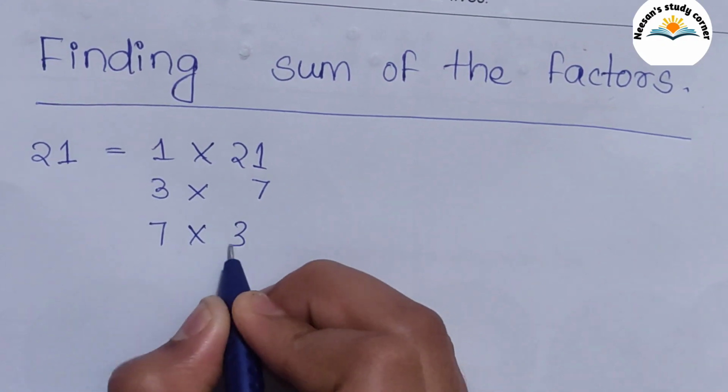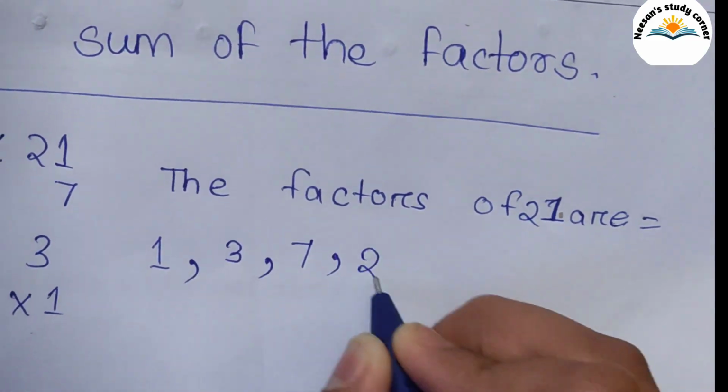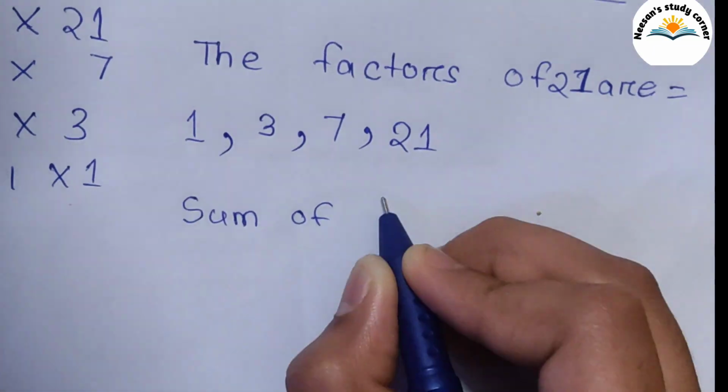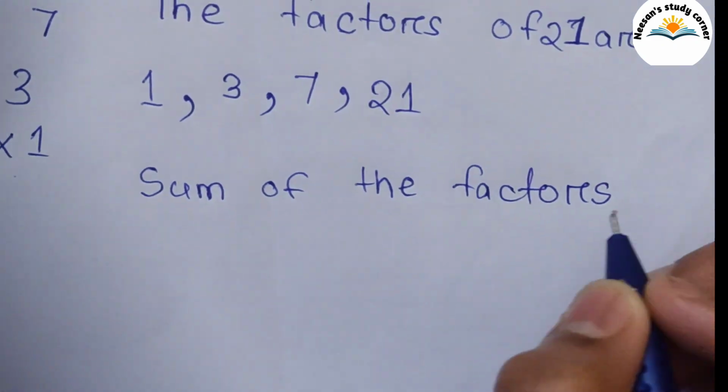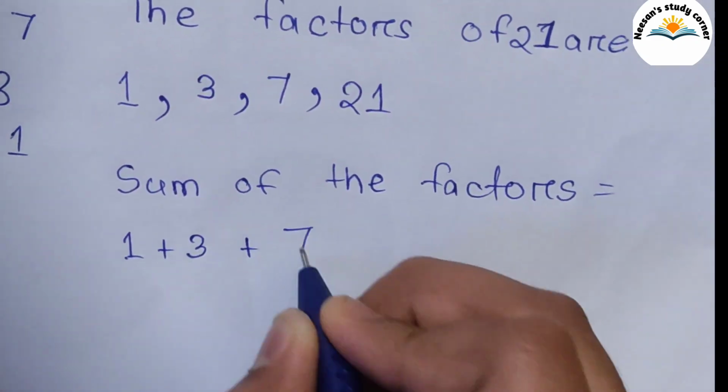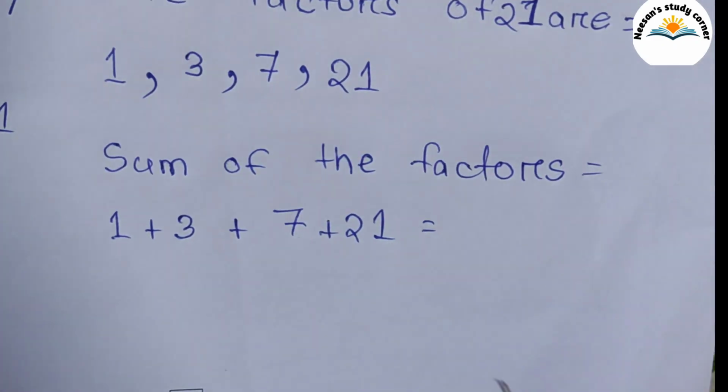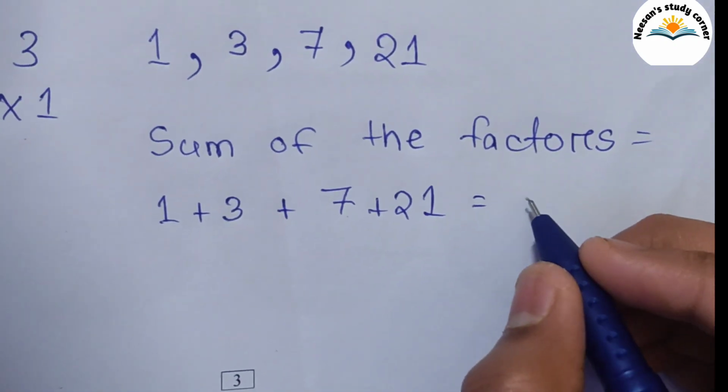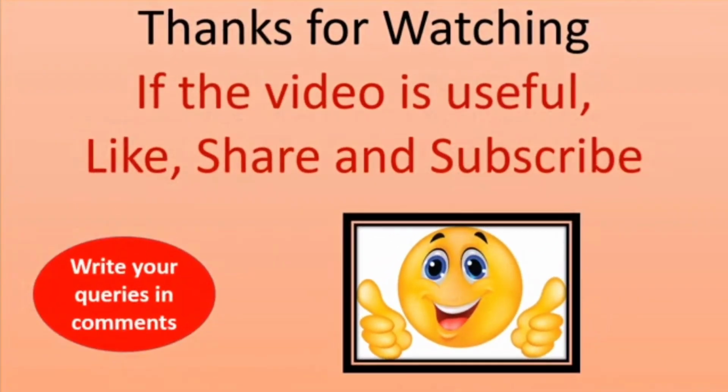Factors of 21 are 1, 3, 7 and 21. So the sum of factors of 21 is 1 plus 3 plus 7 plus 21 equals 32. This is all about factors. I thought this video is very amazing. So you can first find factors and then add all the numbers.